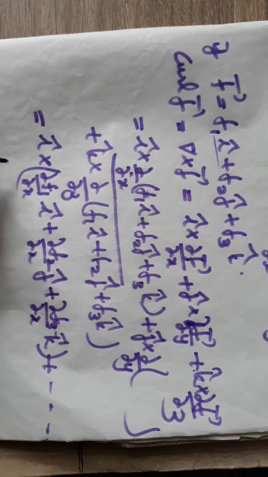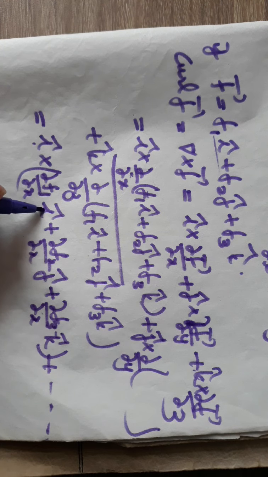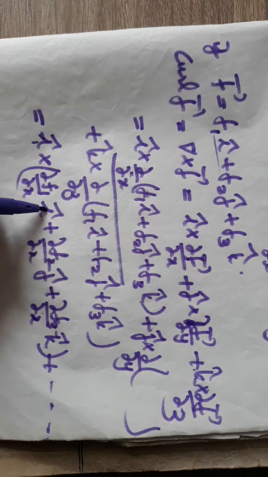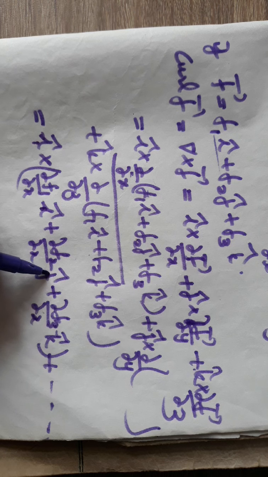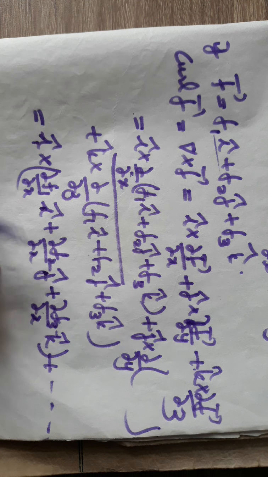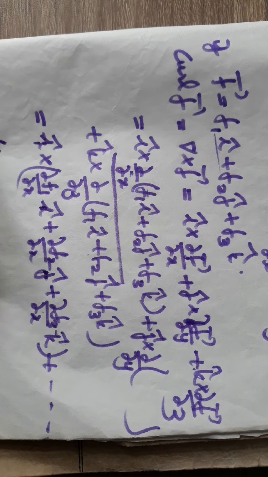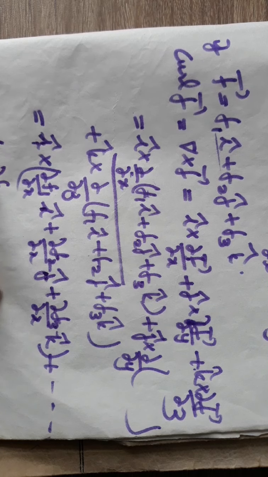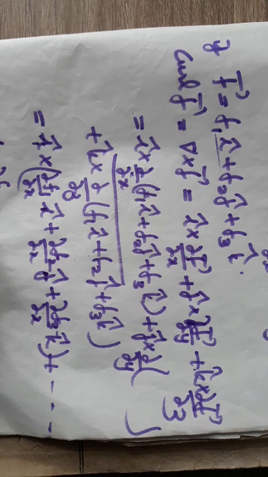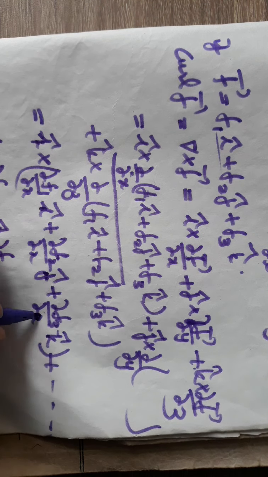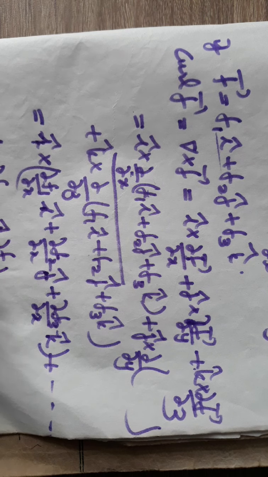Now i cross i gives you 0, but i cross j gives you k, so you have k times del f2/del x, minus, since i cross k gives you minus j, j times del f3/del x.